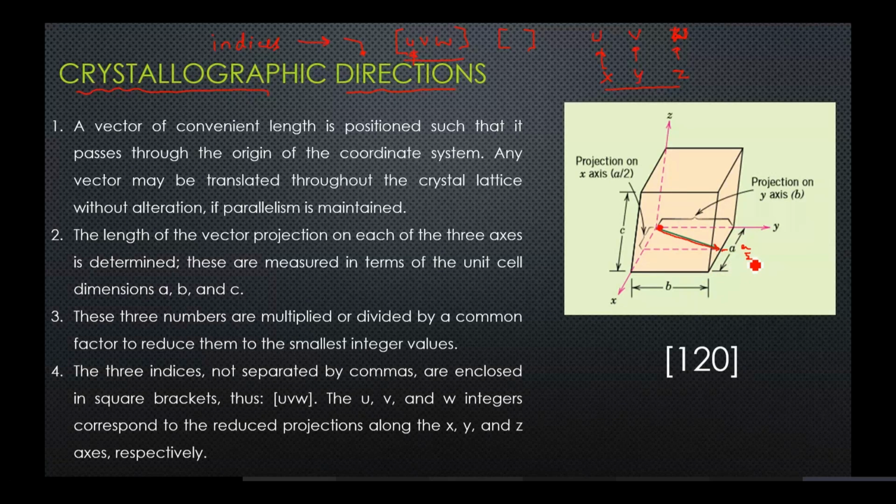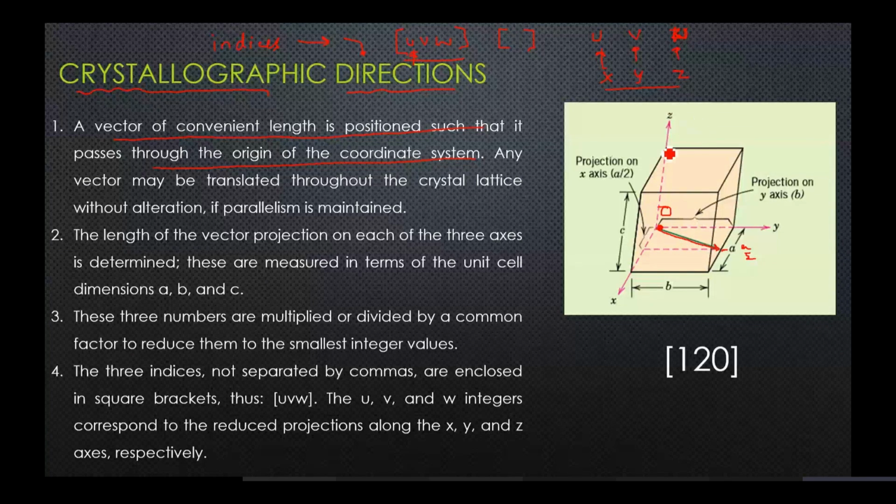The first thing in order to find out the indices of a direction is to have the vector passing through the origin. So it says that a vector of convenient length is positioned such that it passes through the origin of the coordinate system. For example, in this system, it is this O which defines the origin, and the vector is passing through the origin.